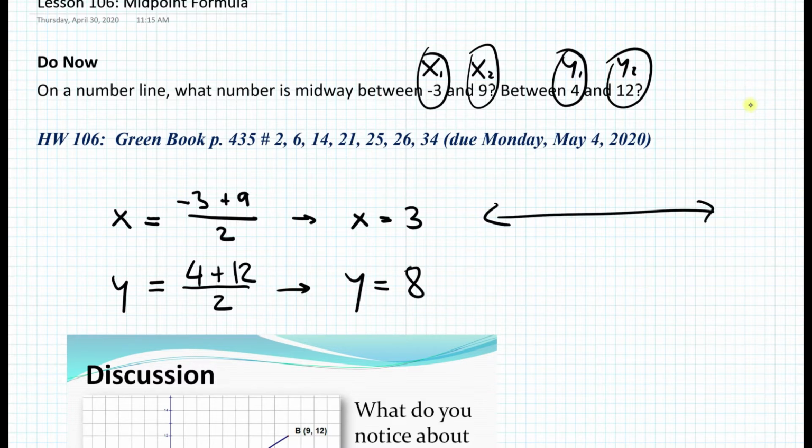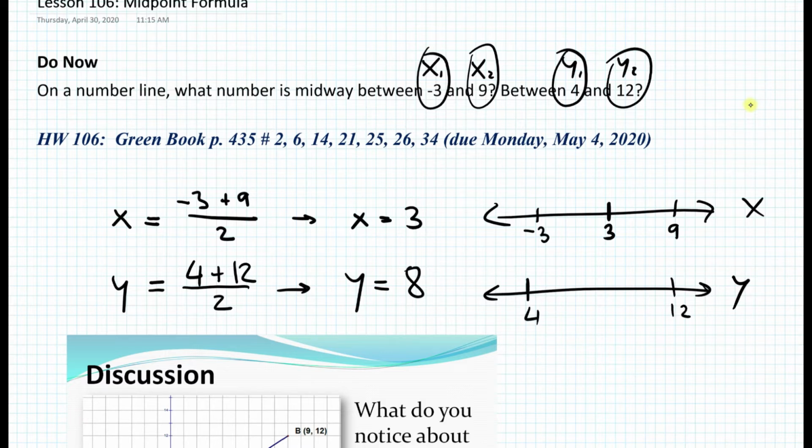For example, if this number line is x, then we have here somewhere a -3, and here we have a 9, and we found the average, which was 3. And similarly, if we call this number line y, then we have here a 4, and here we have a 12, and the average is exactly 8.